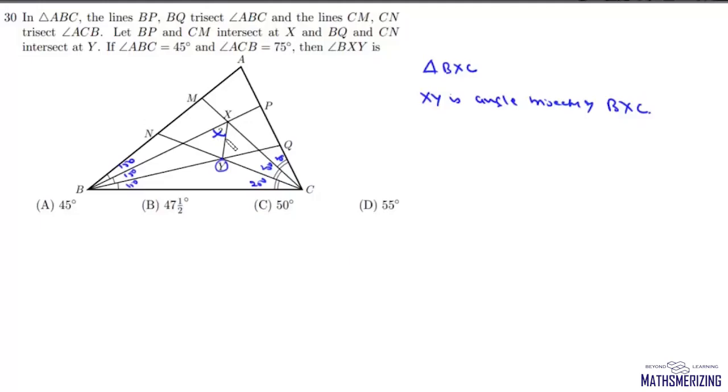So these two angles are equal. Now in this triangle BXC, this angle is 30 and this angle is 50. So this angle BXC will be 180 minus 80, which is 100. And since this angle BXY is half of angle BXC, this angle will be simply 50 degrees, and that's your option C.